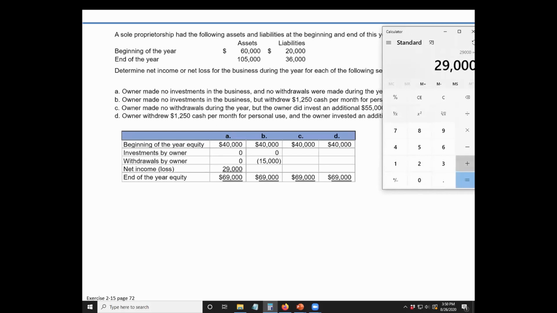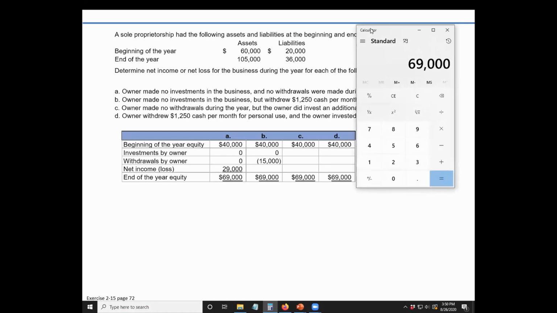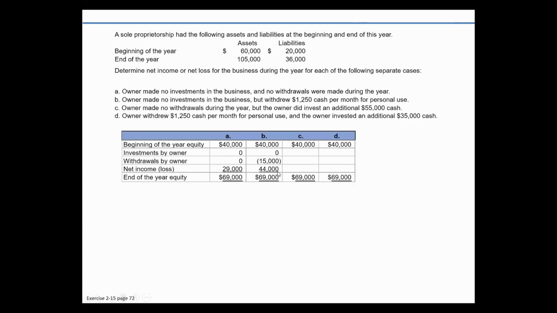Okay, plus the 15. Let me show you again. On that one, you'd take the ending, which is the $69,000, minus the beginning, which is 29, plus how much the owner took out. So then you have net income of $44,000.